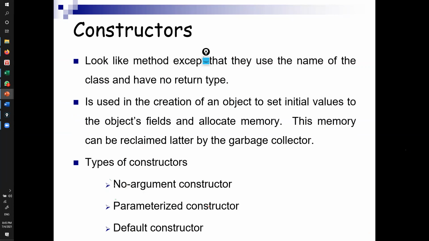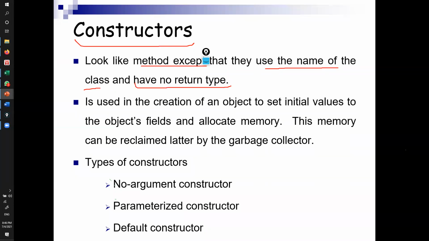Now we have something very new, because we did discuss methods, but we didn't discuss constructors before. So what is a constructor? A constructor looks like a method, but there is one difference. The constructor will have the same name as the class name, and the constructor will never have a return type.